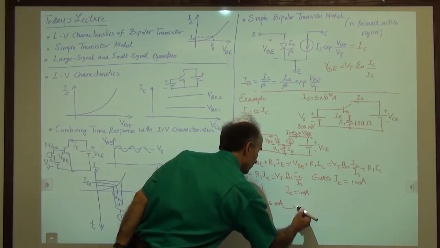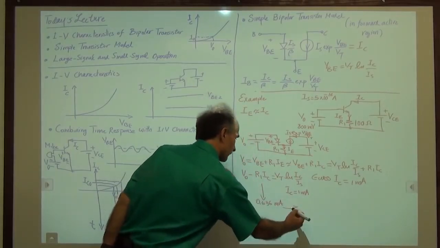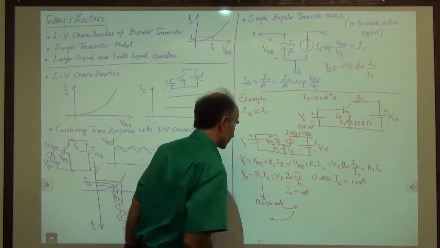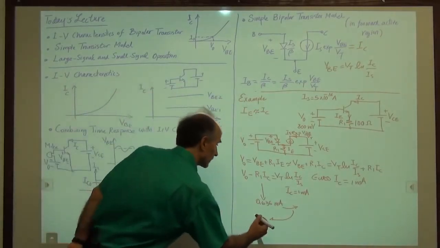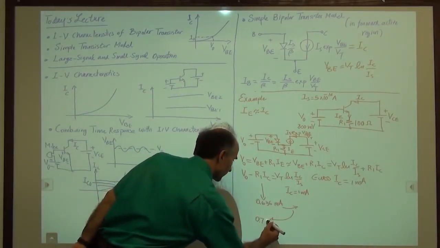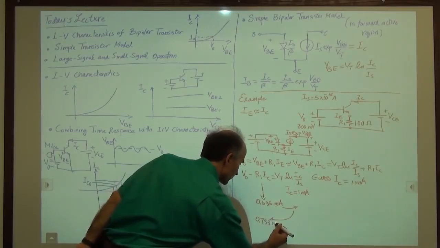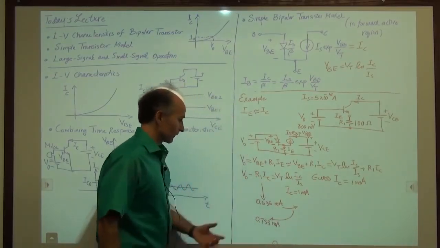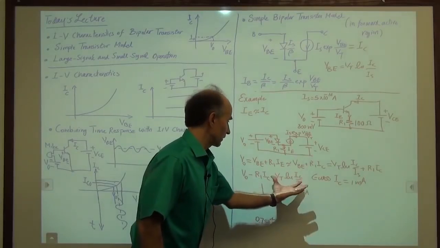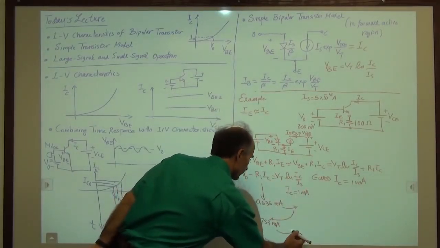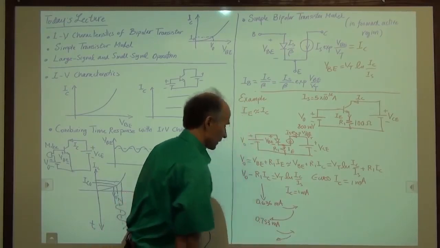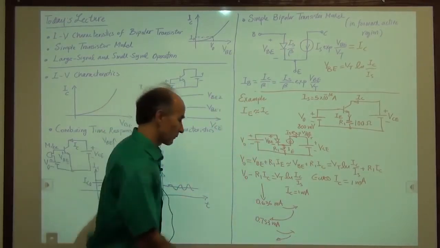So this will give me some value, and from there I calculate the new IC, and that will give me 0.753 milliamps. Now I use this, plug it in here, find this, from there find a newer value for IC, and that gives me 0.71 milliamps.